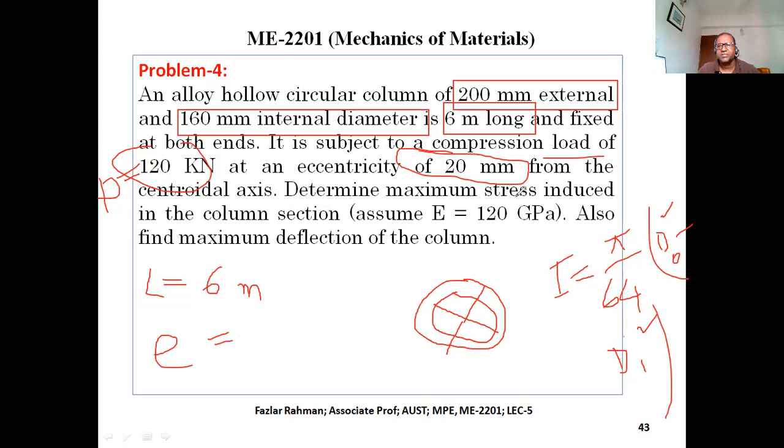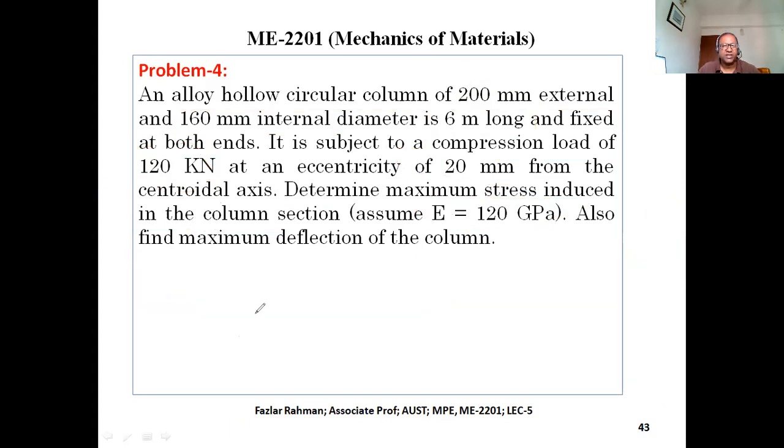Determine the maximum stress induced in the column, and also find the maximum deflection of the column. It's straightforward. So you need to figure out the delta max of the column and the sigma critical of the column.